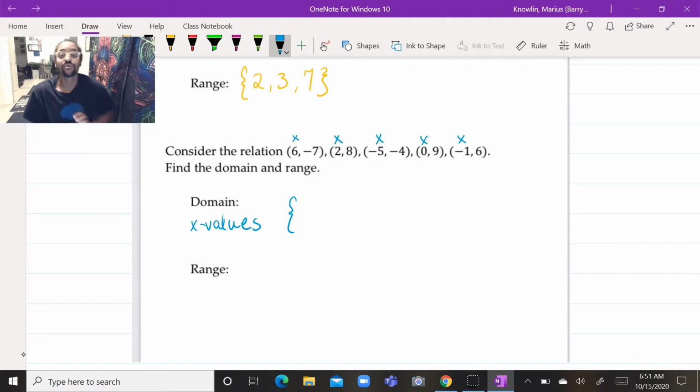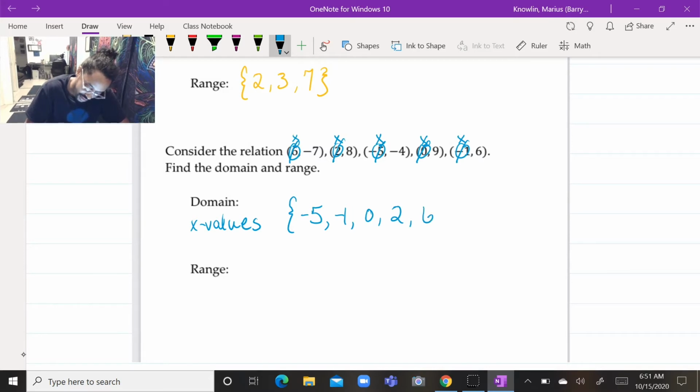Well, -5 would be furthest to the left, so that's the one I'm going to write first. Cross that out, and then I'm going to do -1. Then we're going to write 0, and then 2, and last but not least, +6.